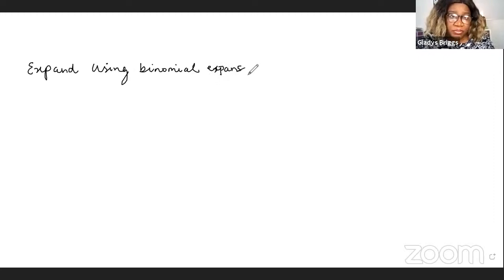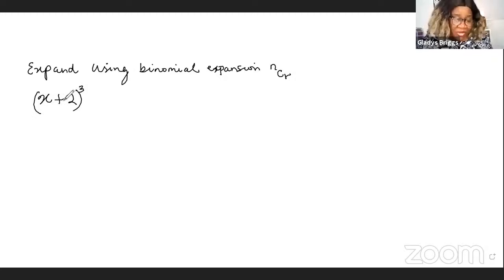So expand using the binomial theorem. The question was (x + 2) cubed.